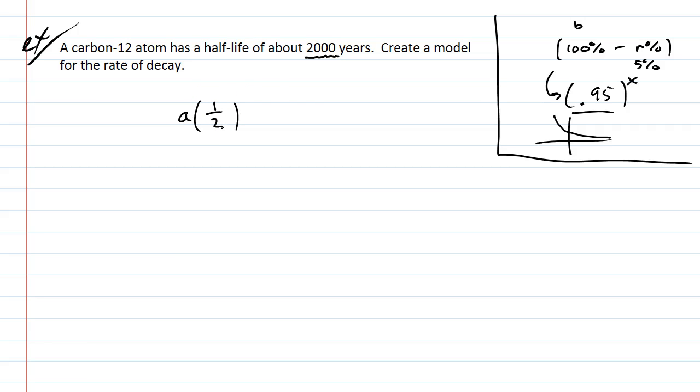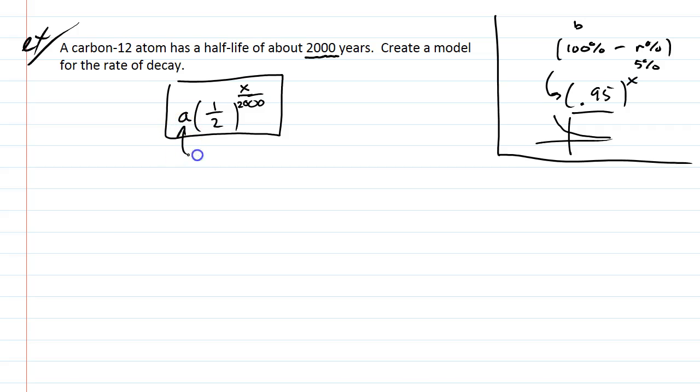Now the thing we have to adjust though is that we can't just plop an x up here. We have to think that it's going to be every 2,000 years, which means that our time should be per 2,000 years. And so this is a quick way to make a model for half-life decay.